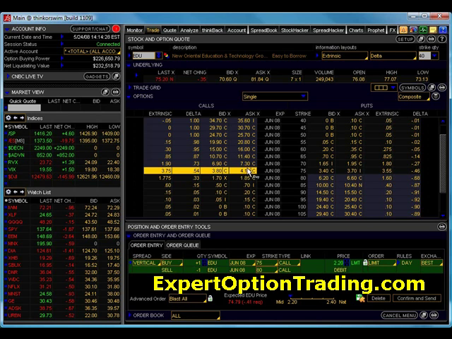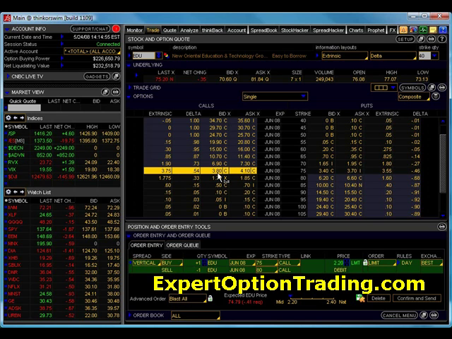The time value of an option is the amount of value that option has. If it were to go to expiration and the price remained at $75, there would be no value at all to this option, right?